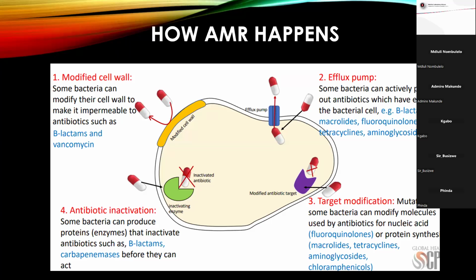Of note, when we're talking about resistance, let's say the penicillins, I have said there's binding on the cell membrane. There's also inactivation of the beta-lactam ring. So an organism can be resistant to the same type of antibiotics using different mechanisms.